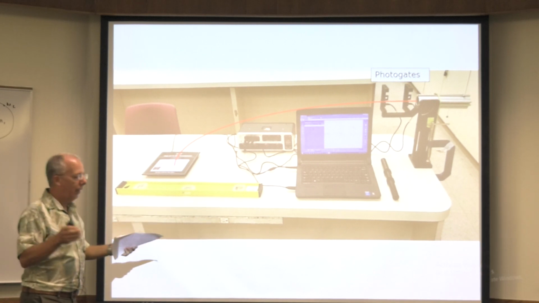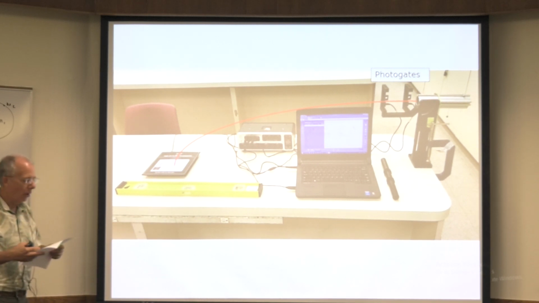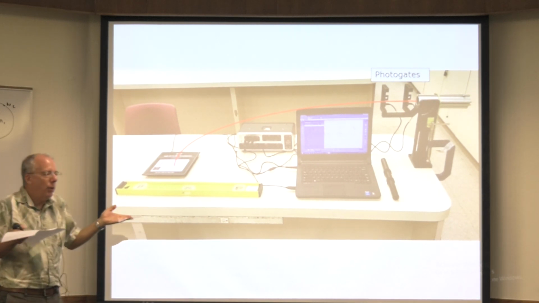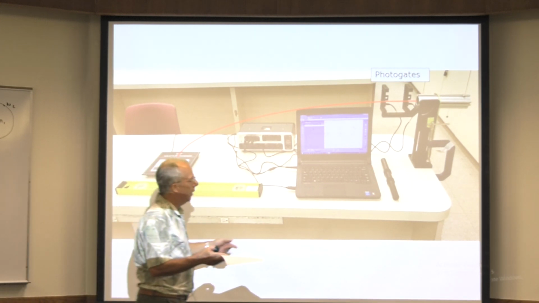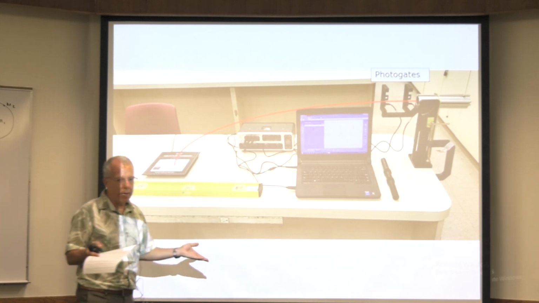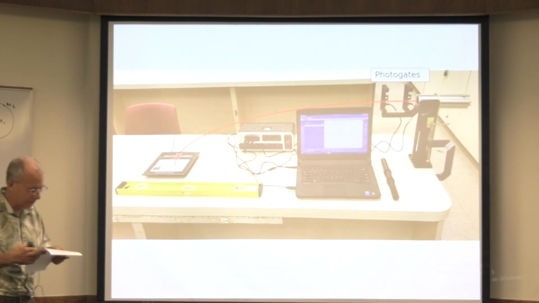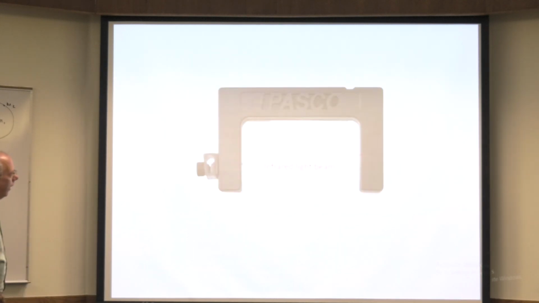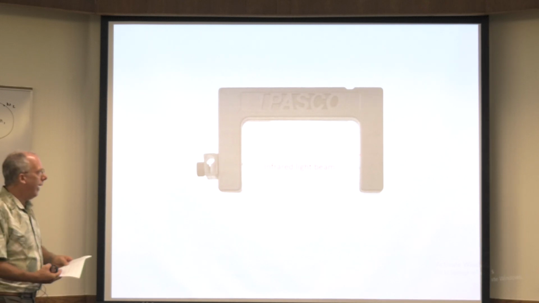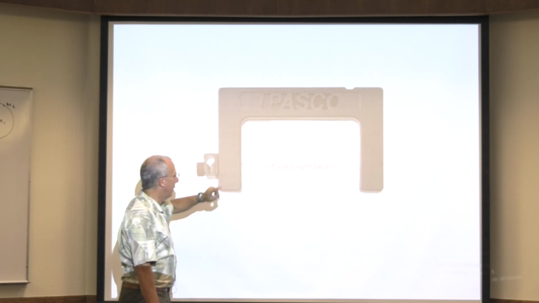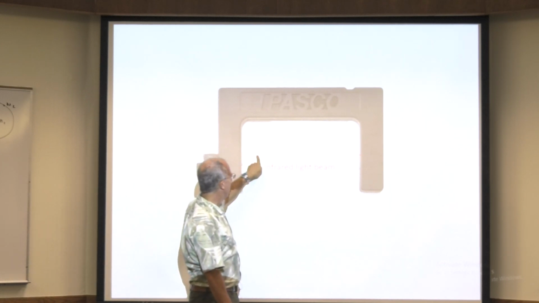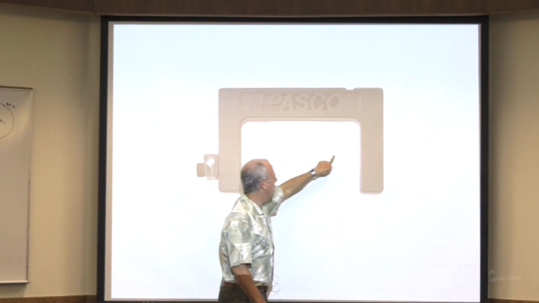All right, so here's the question. Why does a clock in the computer turn off or on as the ball passes through the photo gate? In other words, how does this crazy thing work? Here's a picture of a photo gate, and here's how it works. You can't see it, but there's actually a beam of light from here to here.